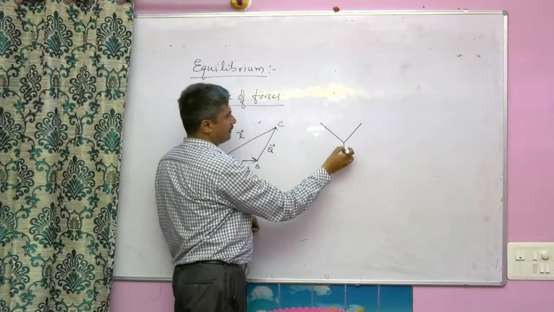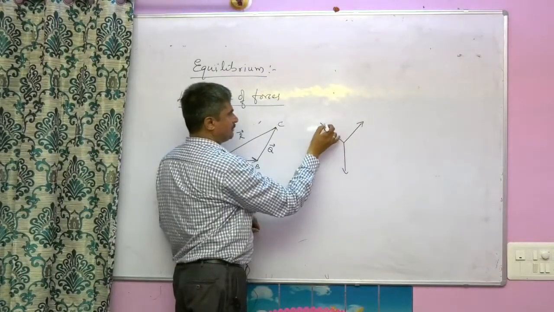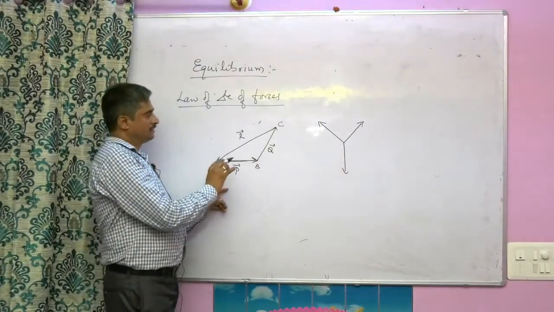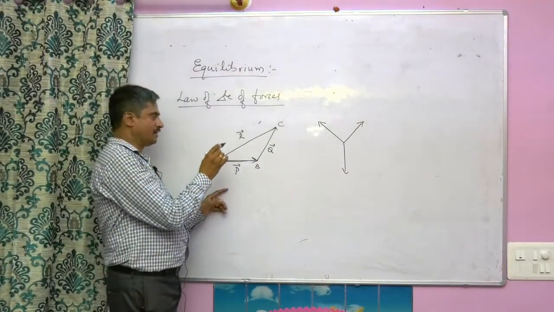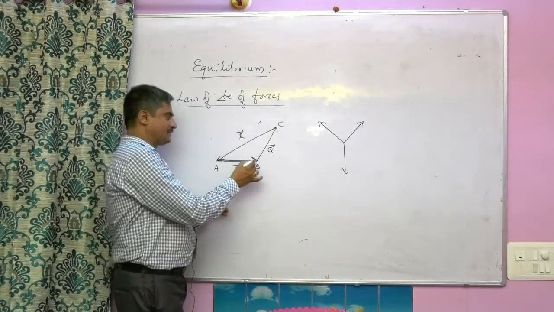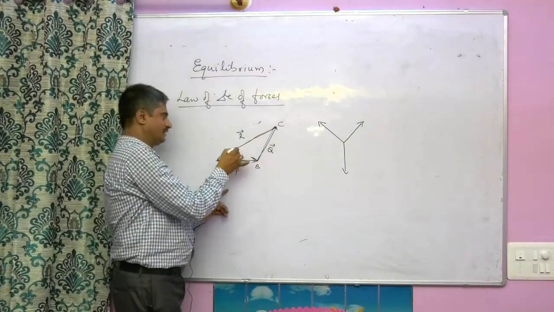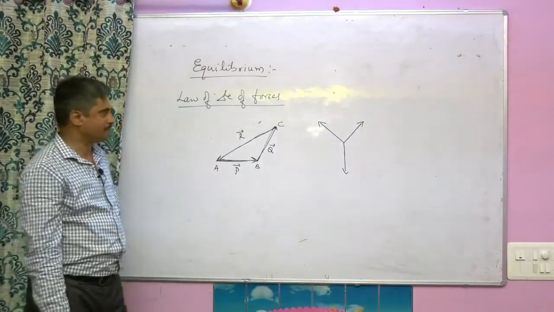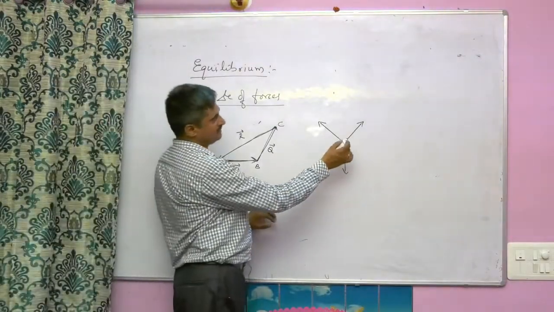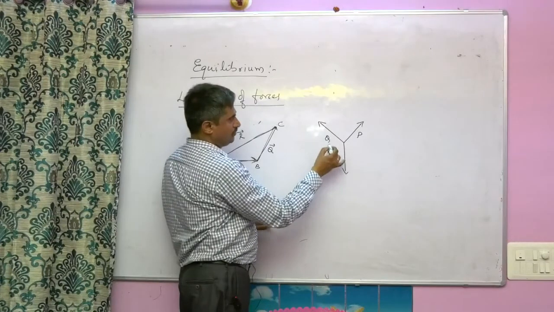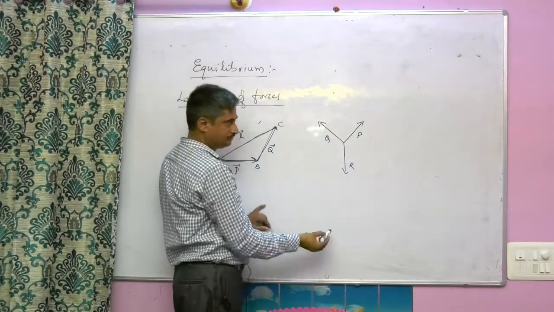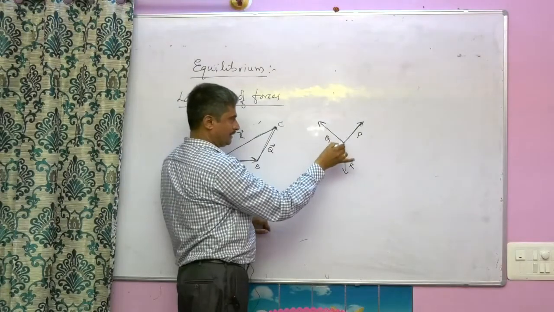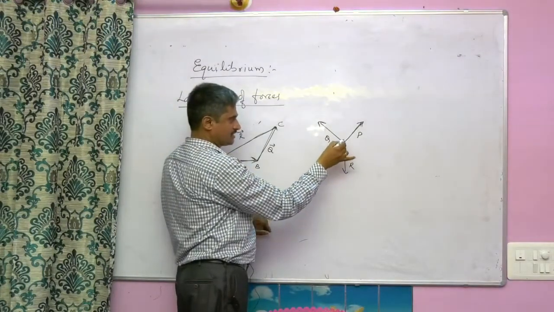If three forces acting at a point are represented by the three sides of a triangle taken in order, then they are in equilibrium. For example, consider vector P, vector Q and vector R: this system is in equilibrium.